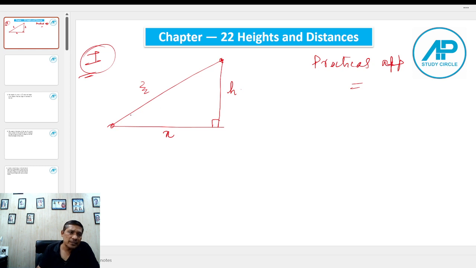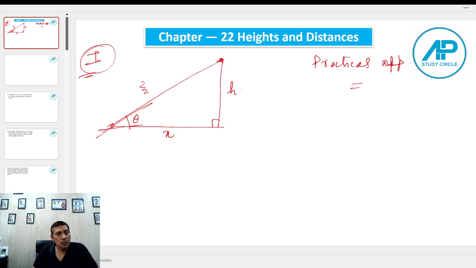Now see what is happening here: when the man observes the top, his eyes make an angle with the horizontal. If I'm watching the fan on my roof, the bulb, or a flying bird in the sky, I always have to look up, and that makes an angle formed between the horizontal and my eyes observing the object.